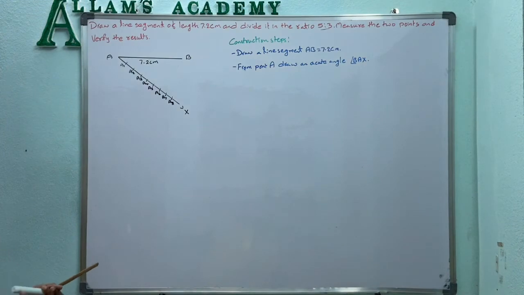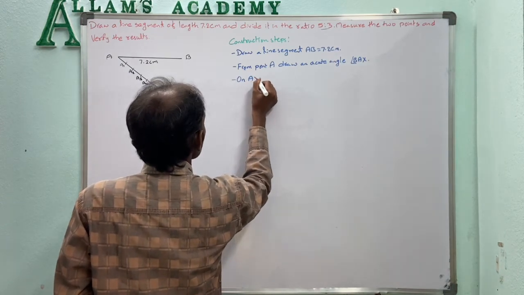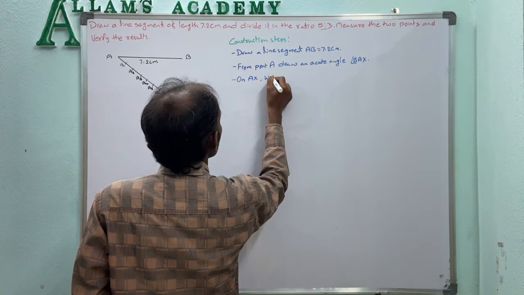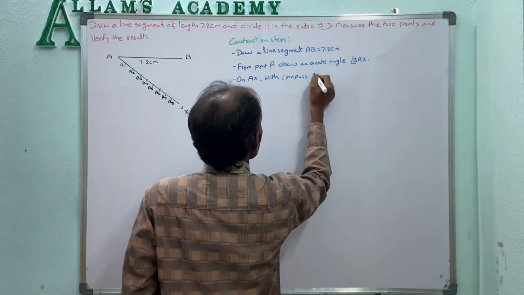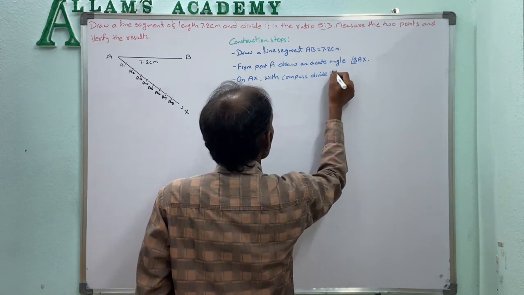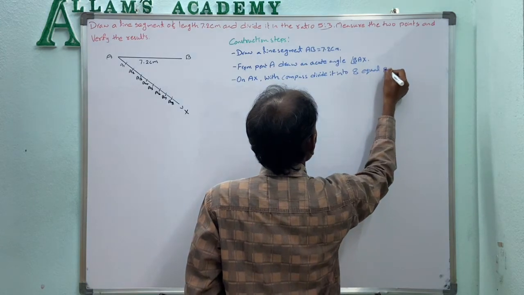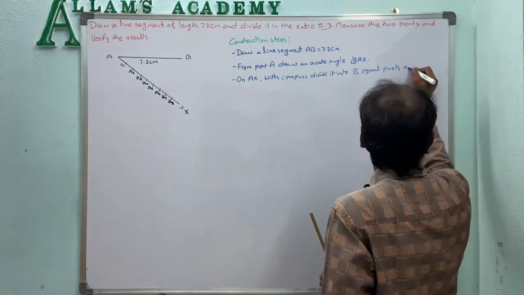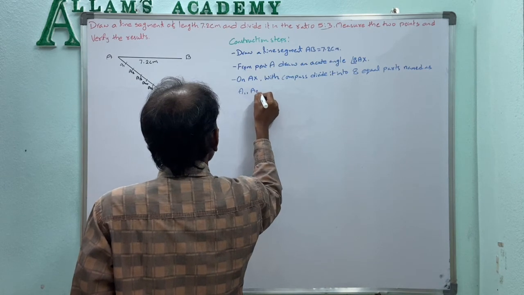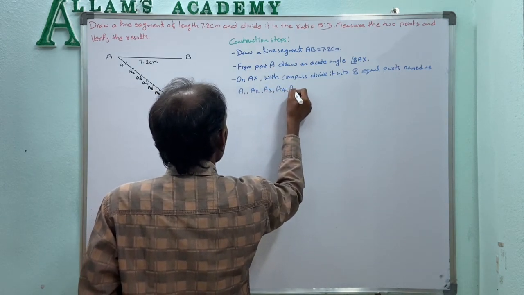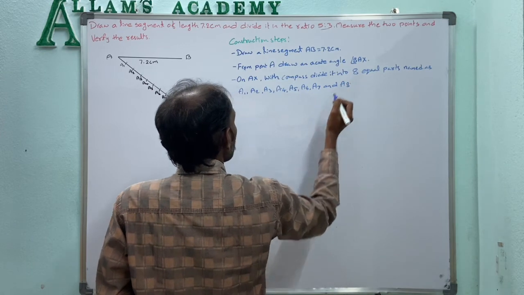So writing that: on AX, with a compass, divide it into 8 equal parts named A1, A2, A3, A4, A5, A6, A7 and A8.